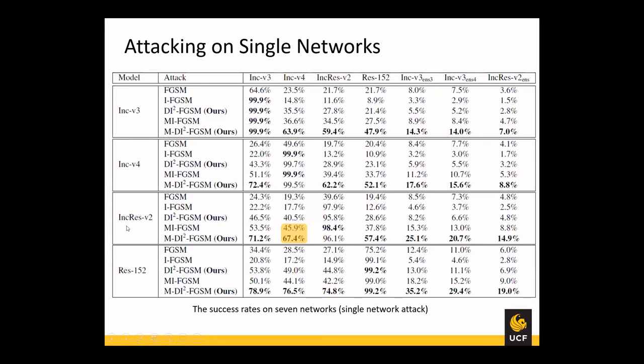Consecutively, when they generated the same images and attacked Inception version 4 using MDI square FGSM, they got a success rate of 67.4%. Just to give you a perspective of how good this is, this is a 46.8% improvement as compared to MIFGSM, which is actually really good.